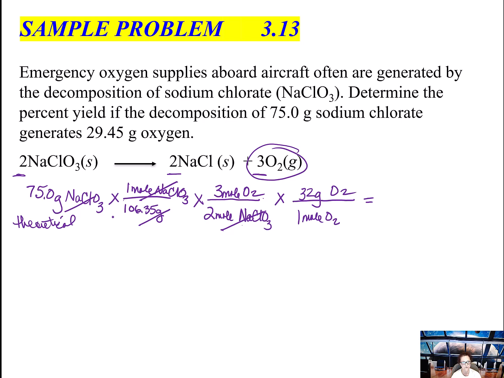If you don't, what happens sometimes is you divide by the 106.35 and then you multiply by 2, and you're going to get your answer wrong. If you do it correctly in your calculator, you should get 33.9 grams of O2. And if you get 33.8 or something like that, that's okay, but you should get something really close to that, right? Not 2 times that or whatever, okay?